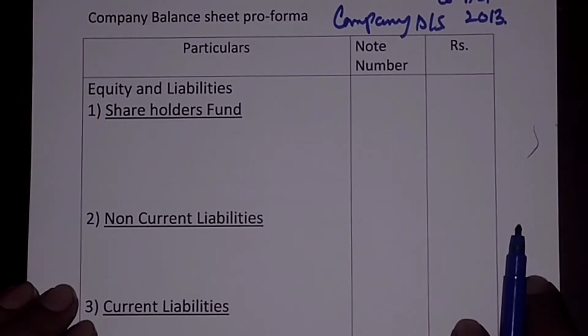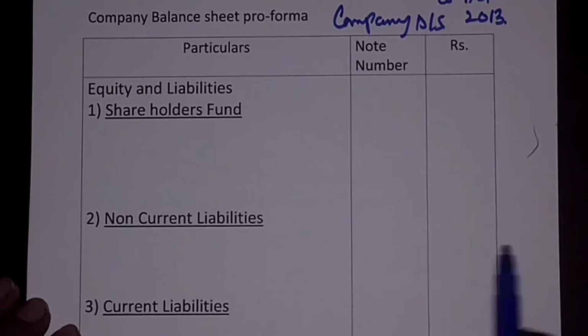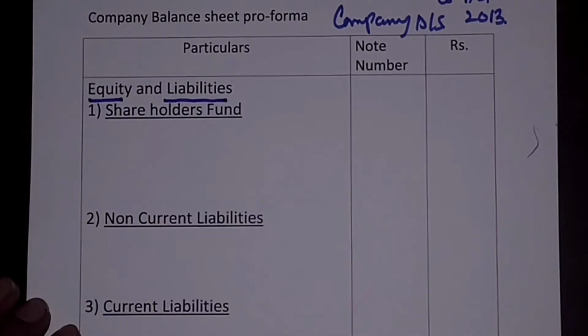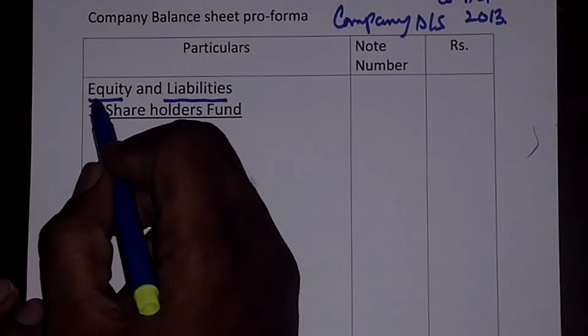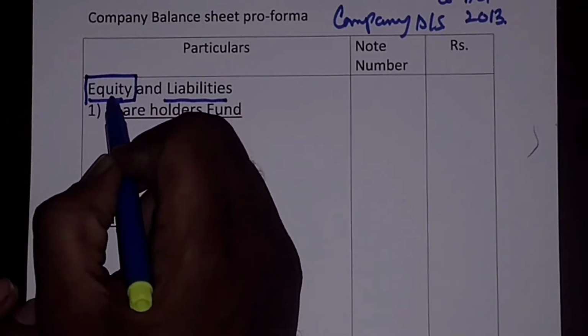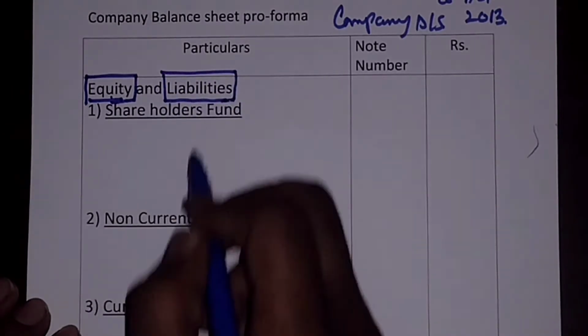The format which we are doing now is a vertical format because the entries are written one below the other. The very first one is equity and liabilities. This itself indicates two different portions: the first portion is equity and the second portion is liabilities.